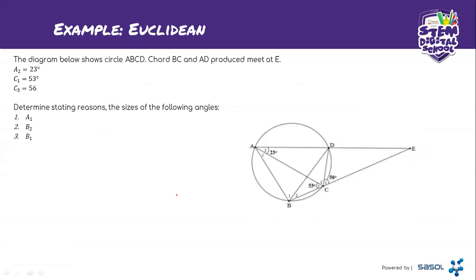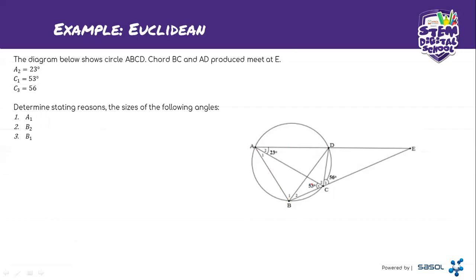Okay, then we have another question, a new question. It says the diagram below shows a cyclic quad A, B, C, D. Those are 4 points on the circumference of a circle. And of course we've got chord BC and AD.